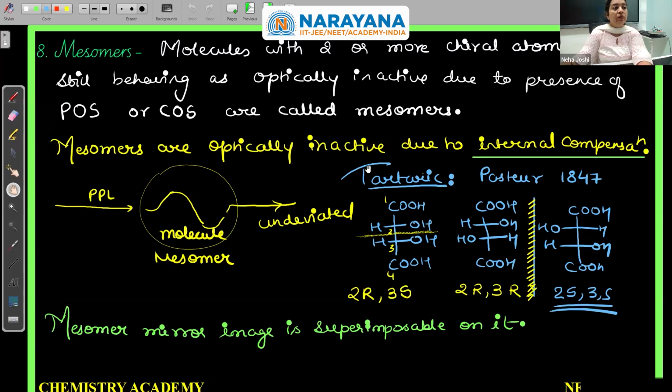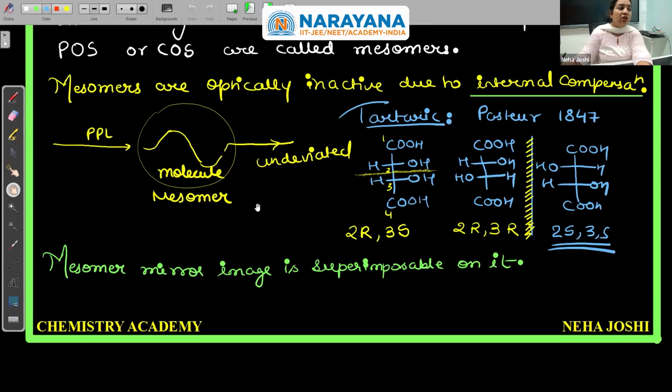Absolutely clear? Okay. So for tartaric acid, in 1847 Pasteur separated the enantiomeric pair and the mesomer. He found that these had different crystalline structures, and thus two different arrangements. At that time, in 1847, there was not even a proper microscope, let alone an electron microscope.